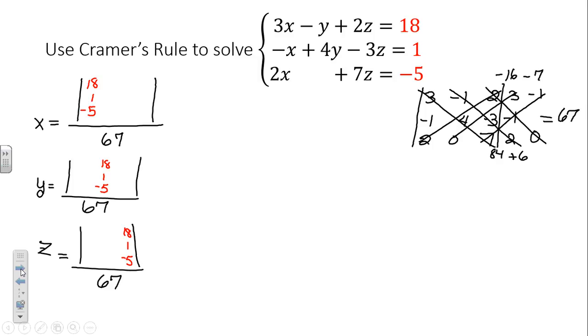Second column with that, and third column with that for y and z. So far, so good?